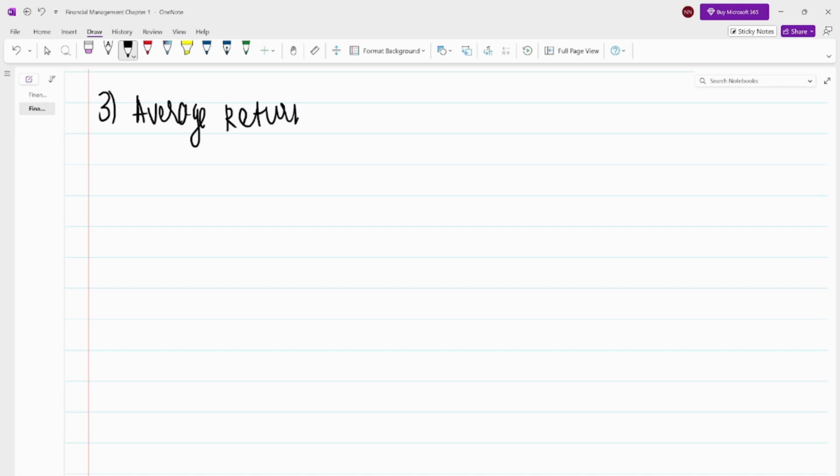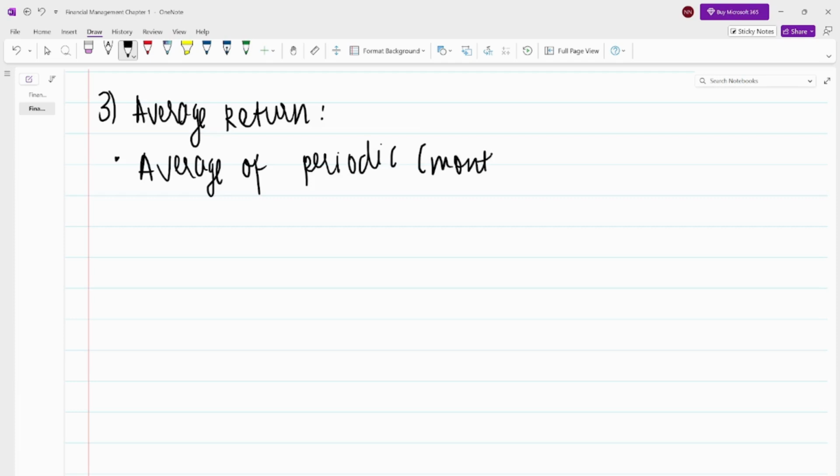Average return. So what is average return? It is basically the average of periodic, that is monthly or yearly returns. So what is it exactly used for?